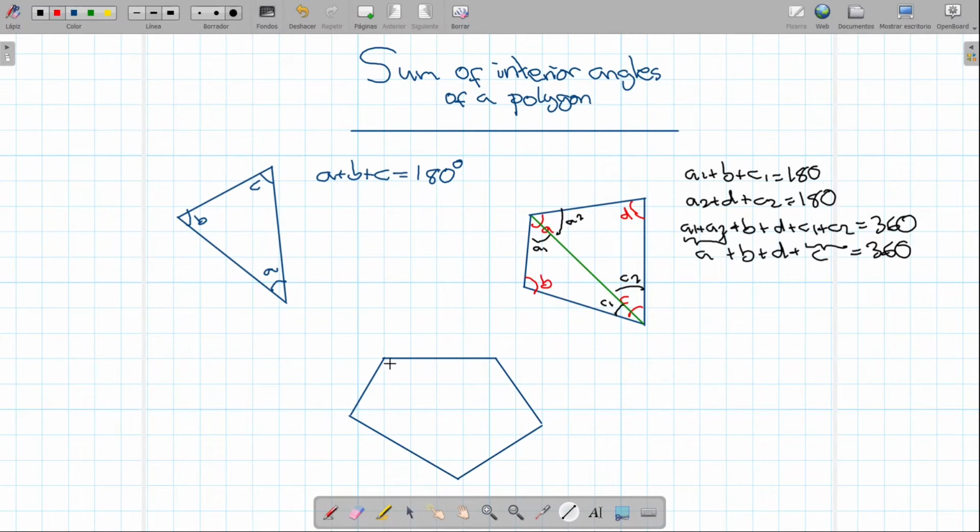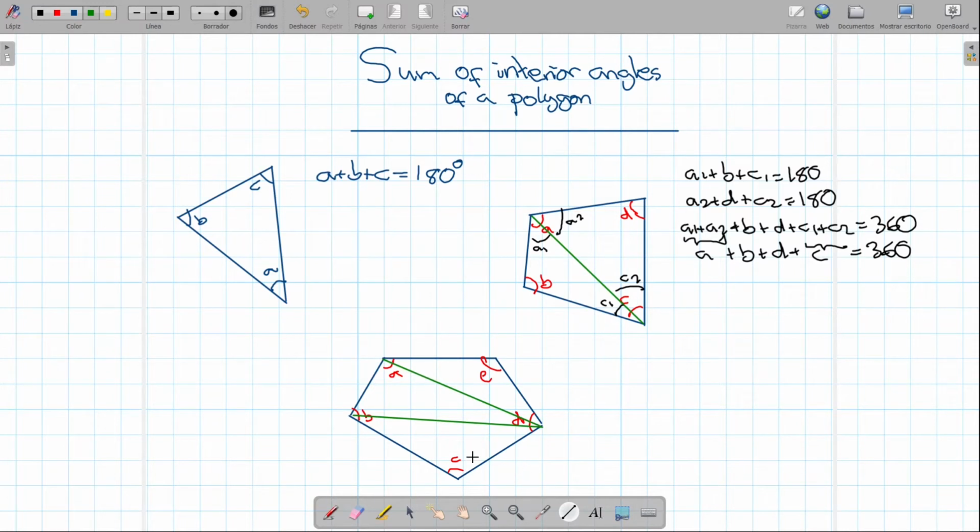Again, we can call this A, B, C, D, and E. And we can do the same trick as before and create non-overlapping triangles. If we do that, we can create this one over here and this one over here.